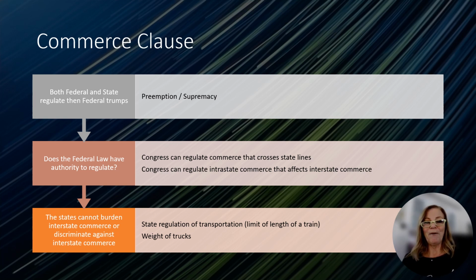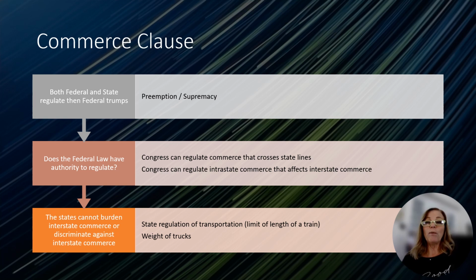And we're going to talk about that when we talk about what we call the Dormant Commerce Clause. And what that means is the states can't burden interstate commerce or discriminate against interstate commerce.